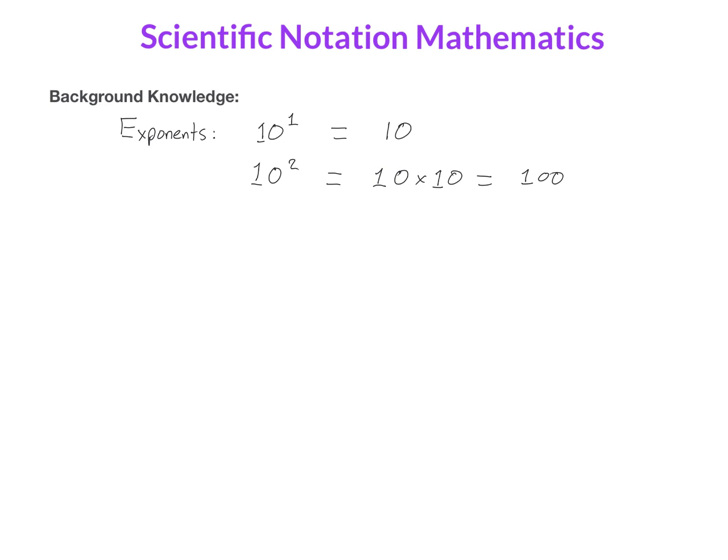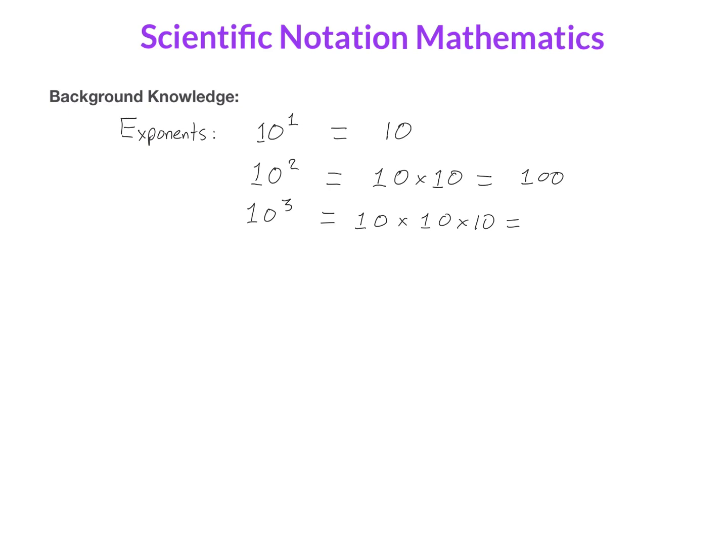Let's do it again. I have base 10 and I raise it to the third power. What does this mean? It's the same thing as saying 10 times 10 times 10. I've multiplied 10 by itself 3 times. 10, 10, and 10.